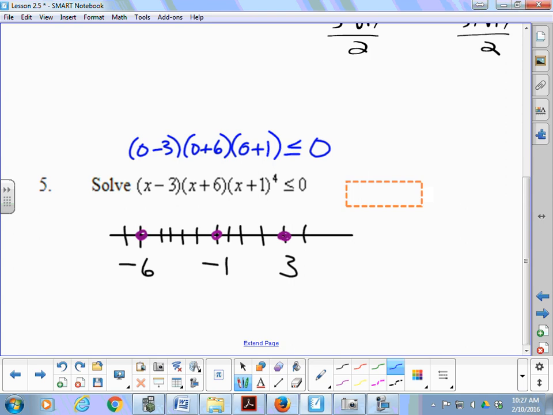Is each of these positive or negative? So I have negative, positive, positive. When I multiply them, I get a negative number, which is less than 0. So 0 works. That's a good point, so I know this area is good.